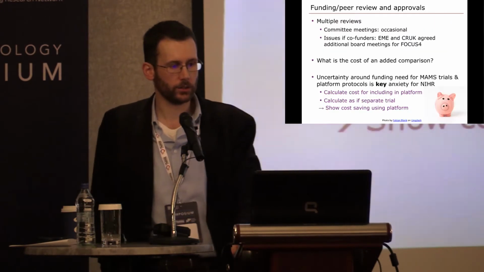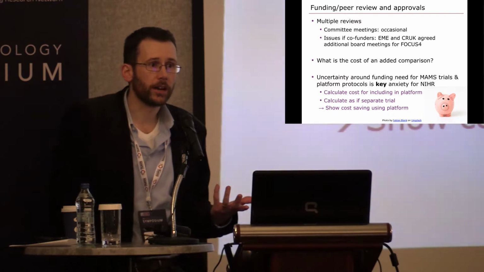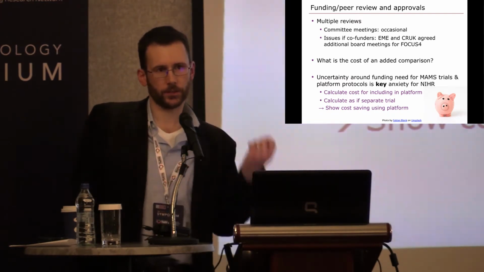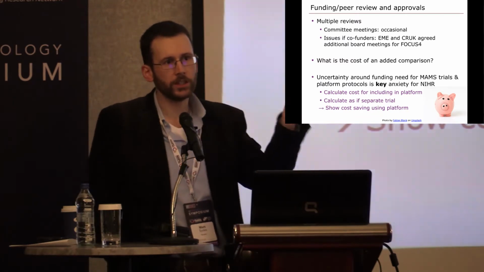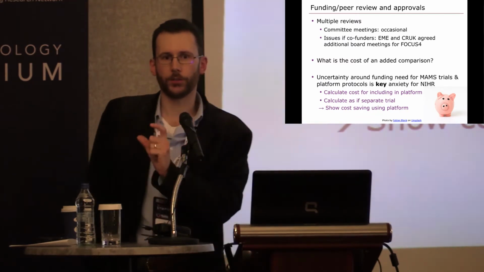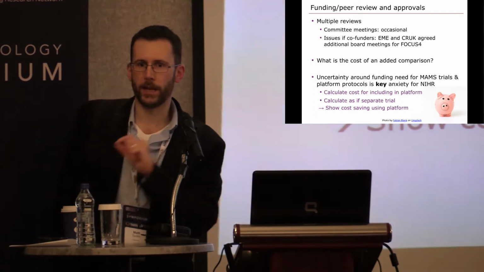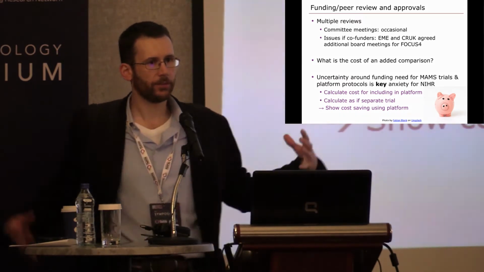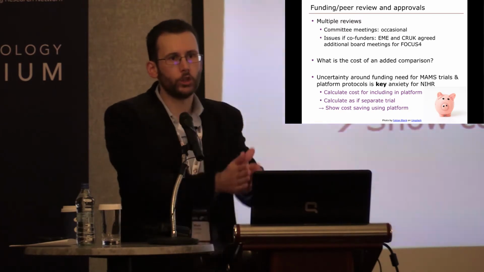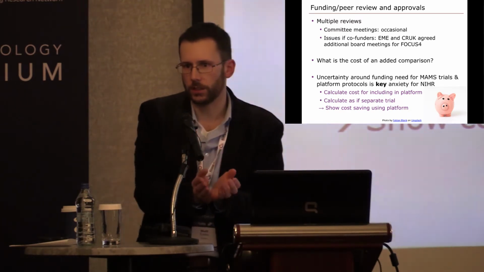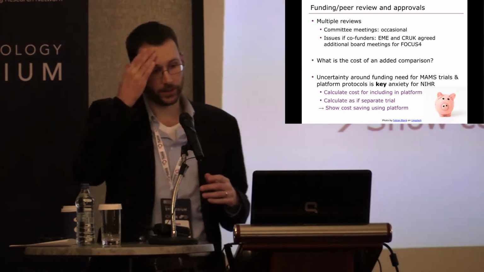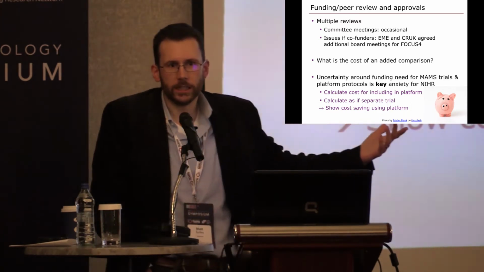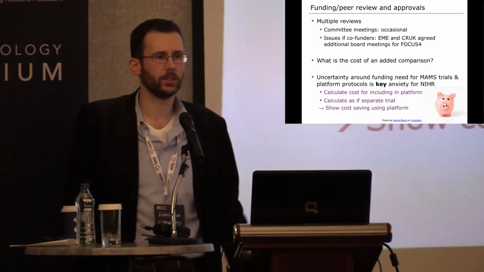There's issues around funding committees. For cancer, for the Focus 4 study, they're co-funded by a couple of bodies, and they both generally wanted to have peer review of anything you're going to add in. So you've got double jeopardy there. Eventually we got them to come up with one joint committee that would look at scientific proposals to go through, which is fantastic. But trying to work out the cost of an added comparison is really tough. What are those efficiencies?